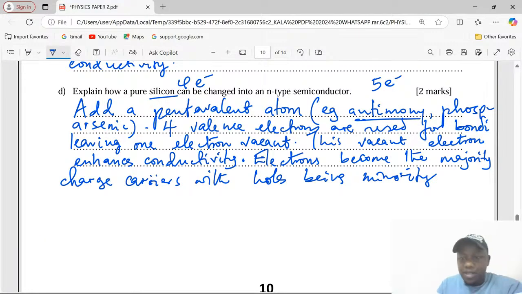When electrons become majority charge carriers, and they have a net charge which is negative, then we have the name. We have the name n-type because of the negative majority charge carriers.